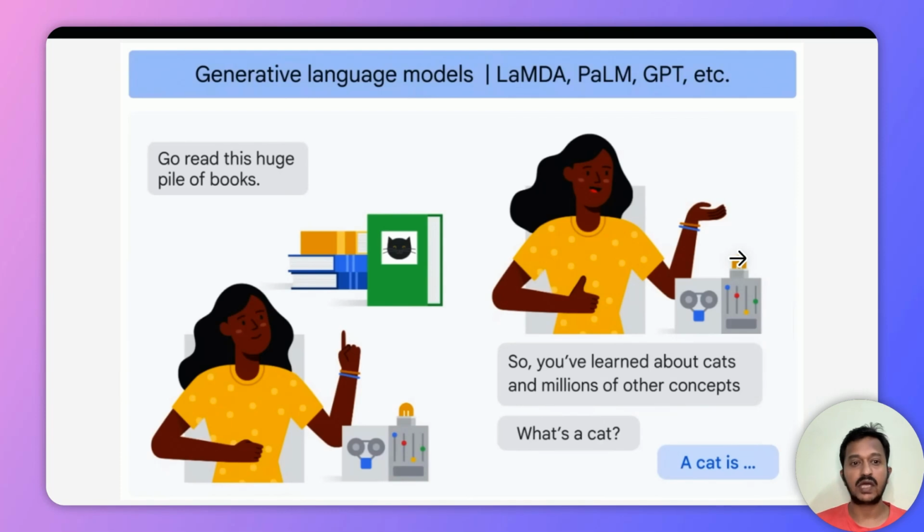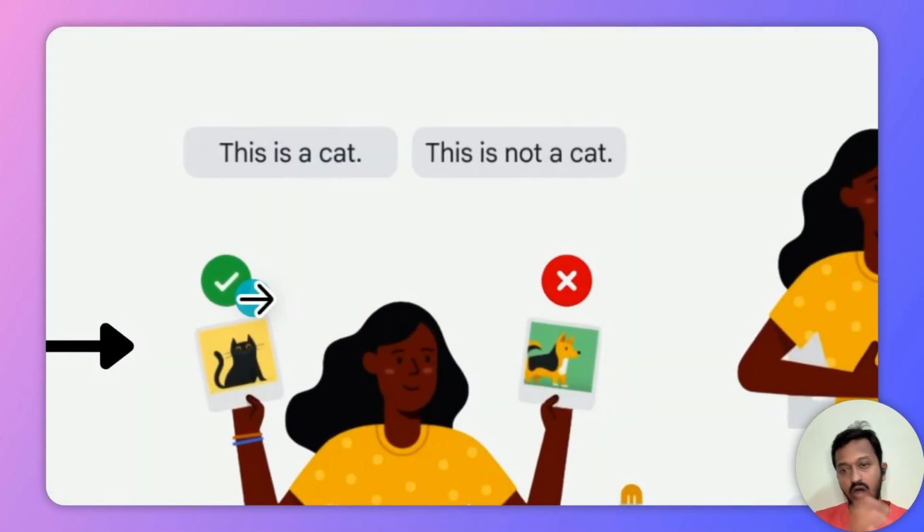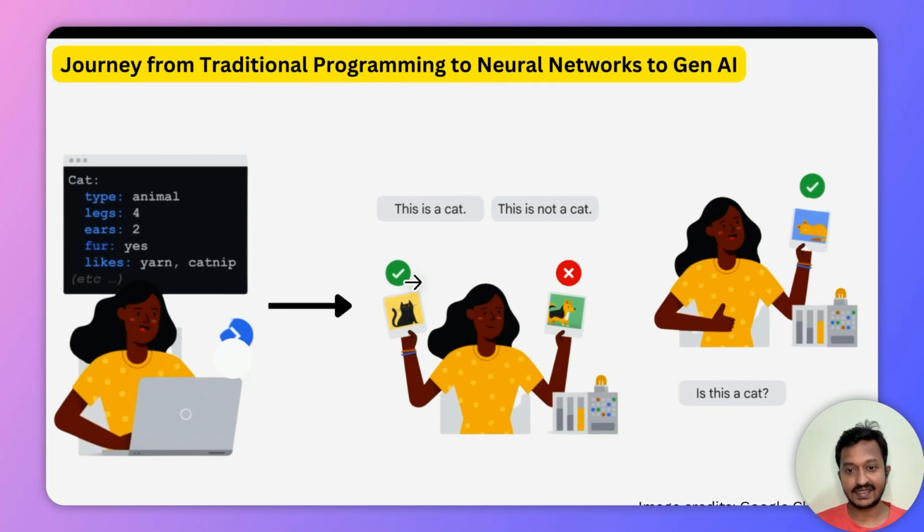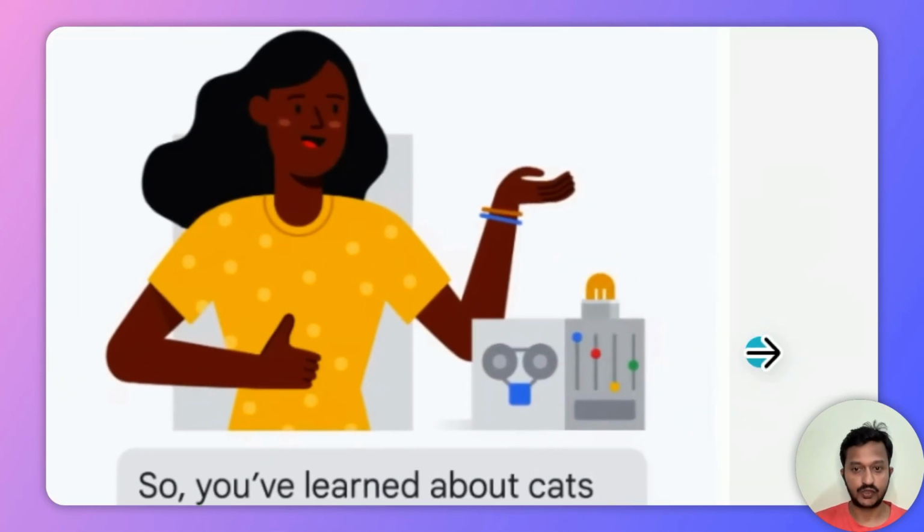Can you write a 1,000 word blog about cats or dogs? It can actually generate that. That's how we have come a long way from hard coding to machine learning models predicting things, and then to the generative AI models we see today, which actually generate new content.